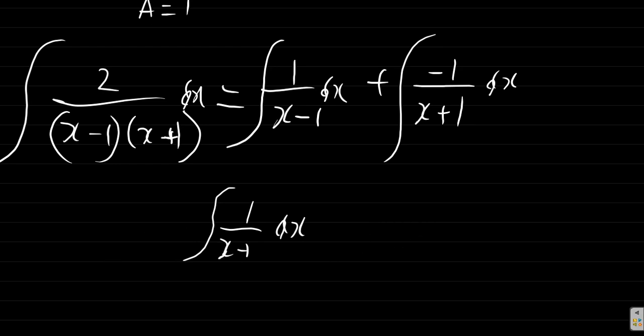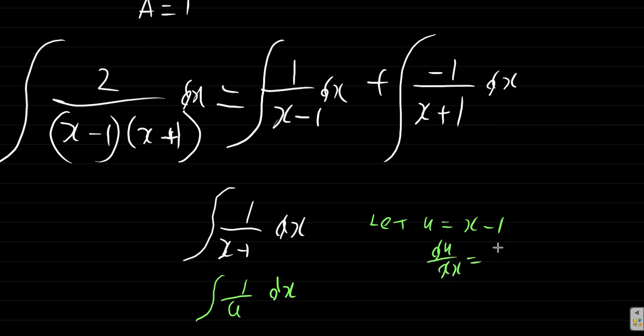You say, let u be equal to x minus 1. What you have is the integral of 1 over u dx, but you want du. So say du by dx is going to be 1. So dx is, when you transpose, du over 1. It is just du.